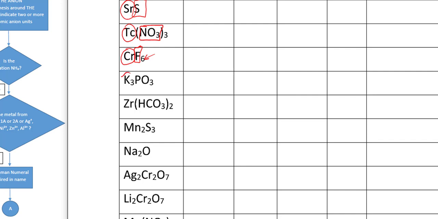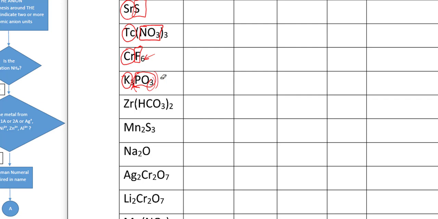Here, there's 3 monatomic cations, and then 1 polyatomic anion. Why is it only 1? Because there's no parentheses. So be real careful about this detail. That 3 right there is part of the polyatomic ion formula.